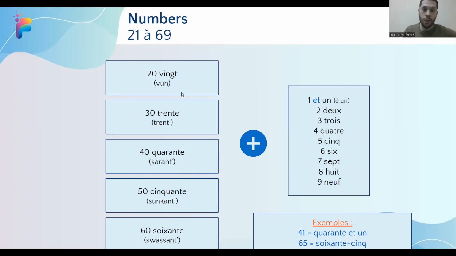Next, let's get to 30. Then we have 40. Again, remember, like I said last video, make sure you don't pronounce the 40 like quarante, with the QU. It's just 40, okay? Moving on now to 50.